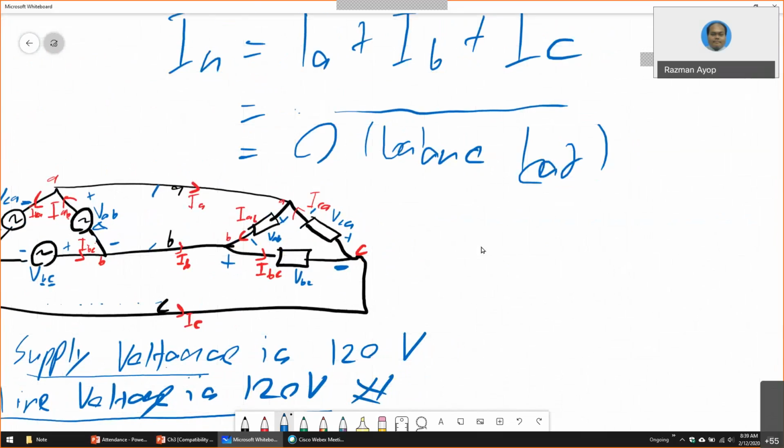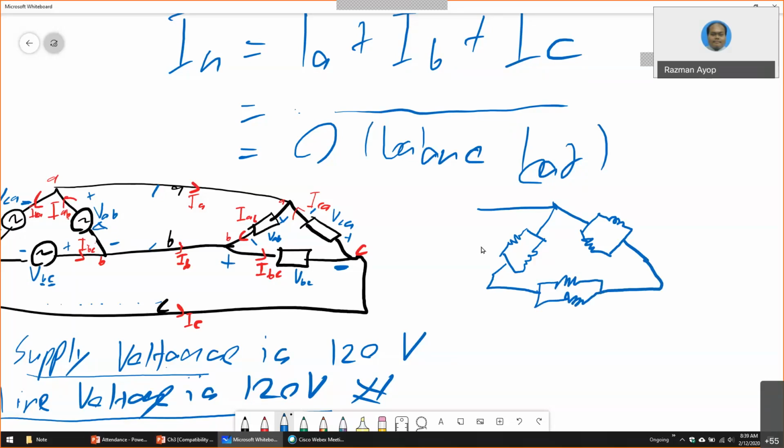For example, they give something like this: you have R and L. If they give like this, you have to calculate it.